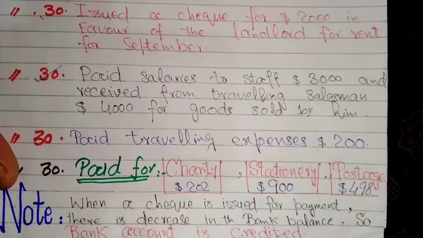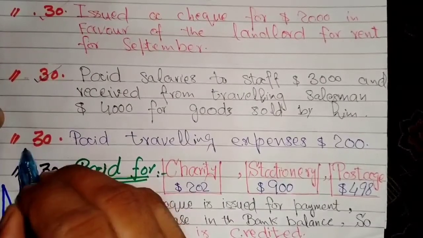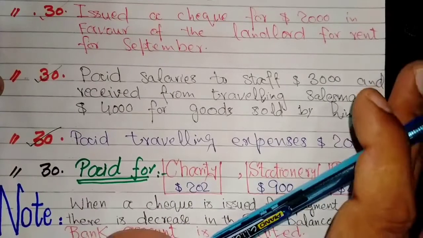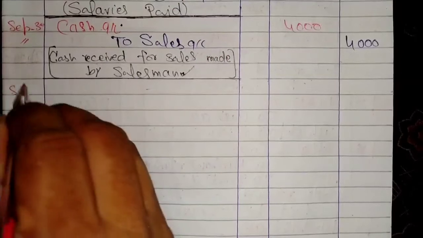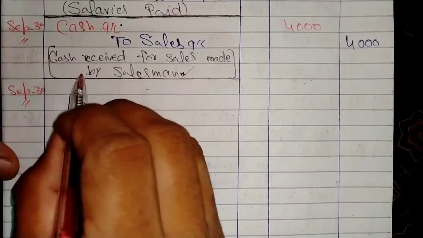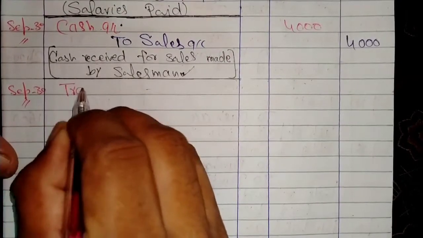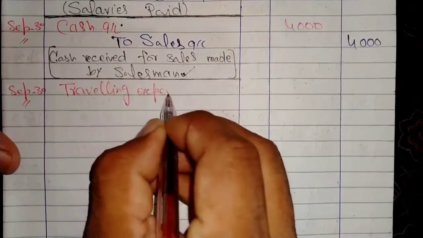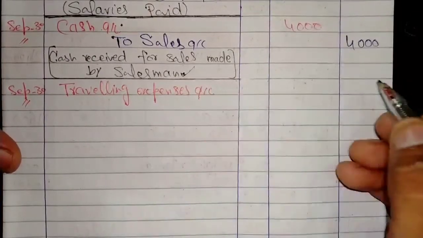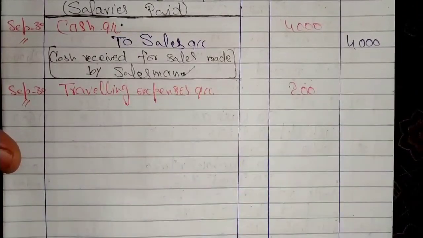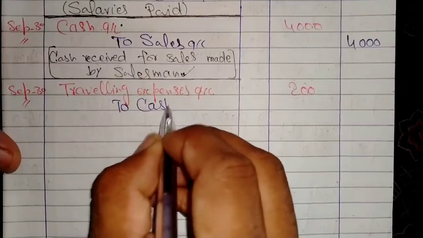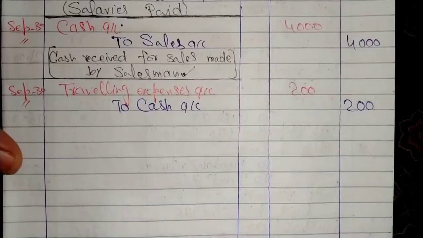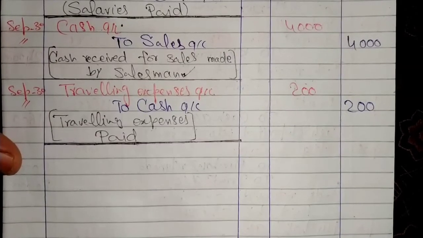Next transaction is on the same date, September 30, which is paid traveling expenses amounted $200. It is a very simple entry. So date September 30, 2005, traveling expenses account debit with amount $200 to cash account credit, with the same amount $200, with description traveling expenses paid.